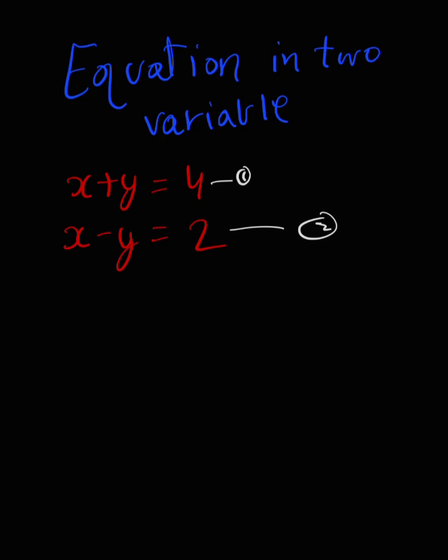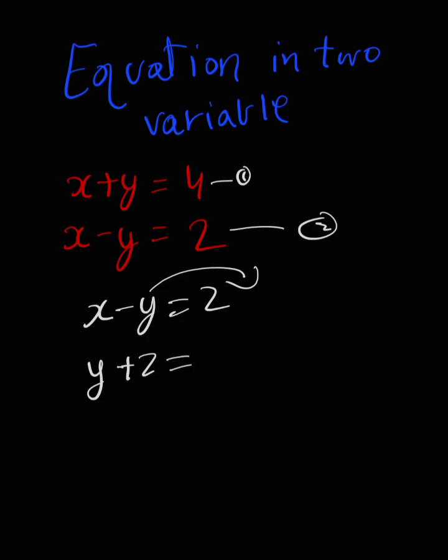Now let's take equation number 2. So x minus y is equal to 2. I will put y towards that side. So I will get y plus 2 is equal to x. Now I will take 2 towards that side and I will isolate y. So what I got is y is equal to x minus 2.